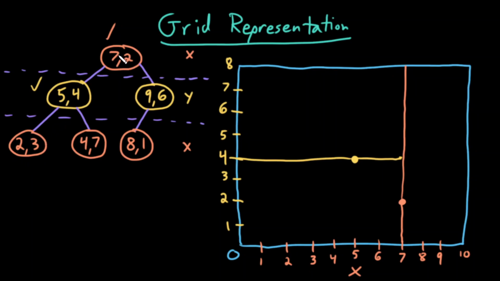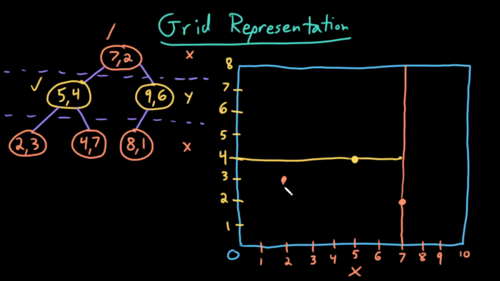Here, given that something was less than x equals 7 and it was less than y equals 4, this gives me a partition over the x dimension. So 2, 3.